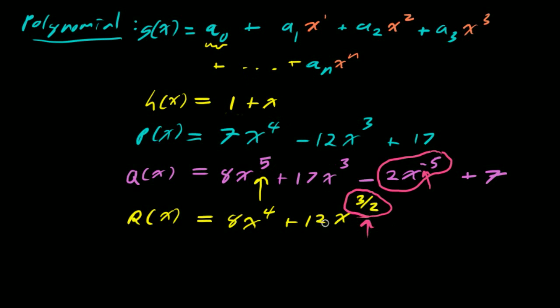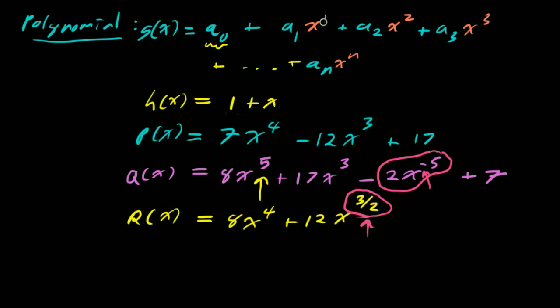So in order for us to have a polynomial, we have to have a function where we've got coefficients that are just multiplying integer powers of x.